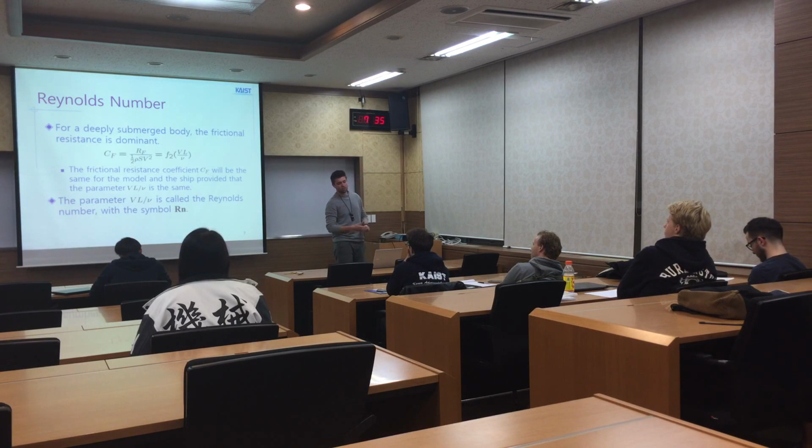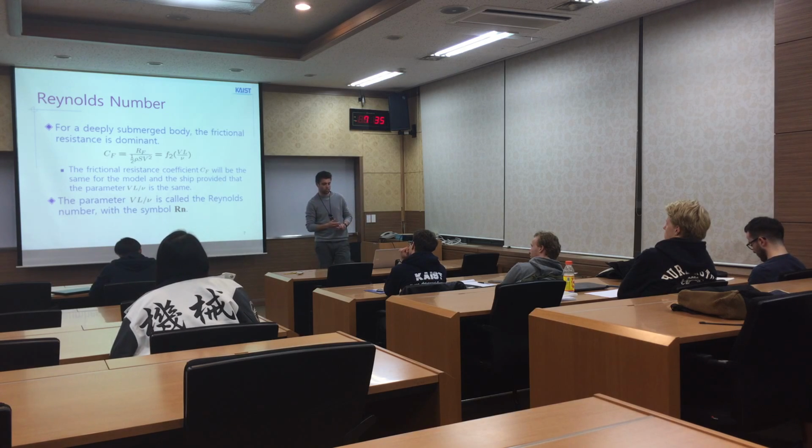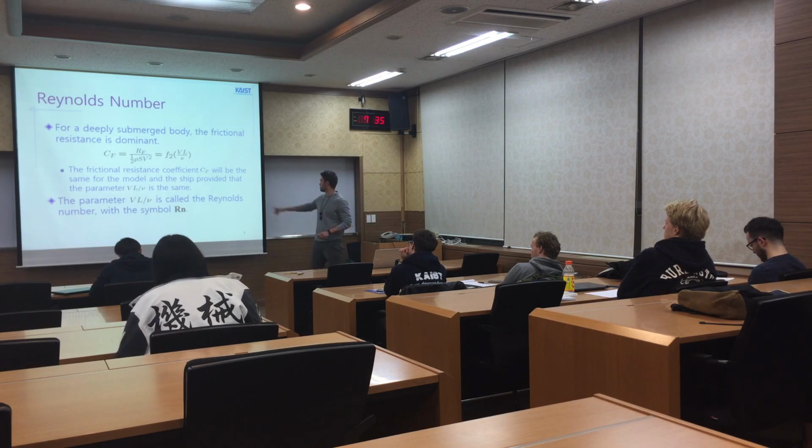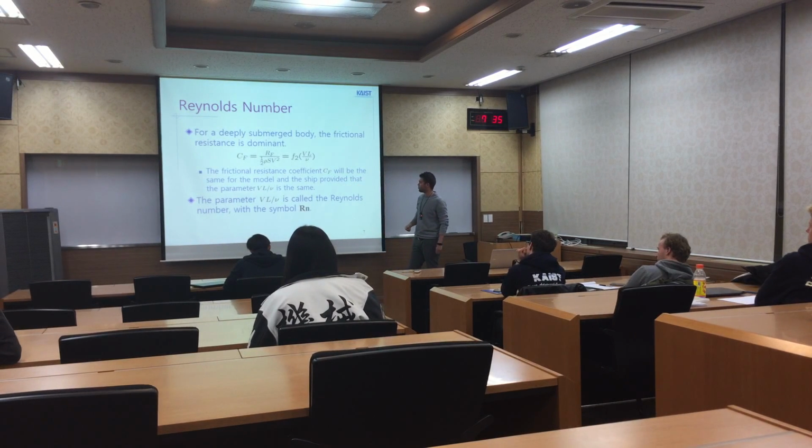And there's also the Reynolds number for the friction in water. I guess most of you heard about the Reynolds number before in the basic engineering classes. Basically it says that the frictional resistance coefficient CF is the same for the big ship and the model when you consider this ratio.